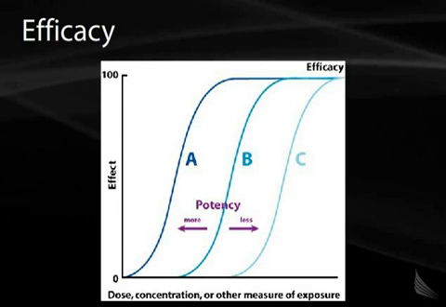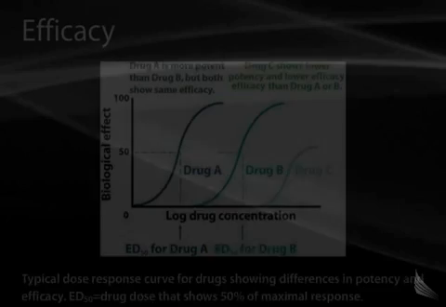The efficacy is defined as this level, meaning no matter how much of the drug you give, you can only achieve this level of efficacy. A more potent drug would be A, as compared to B and C. B and C are able to reach the same efficacy level, but A can do it at a lower dose.